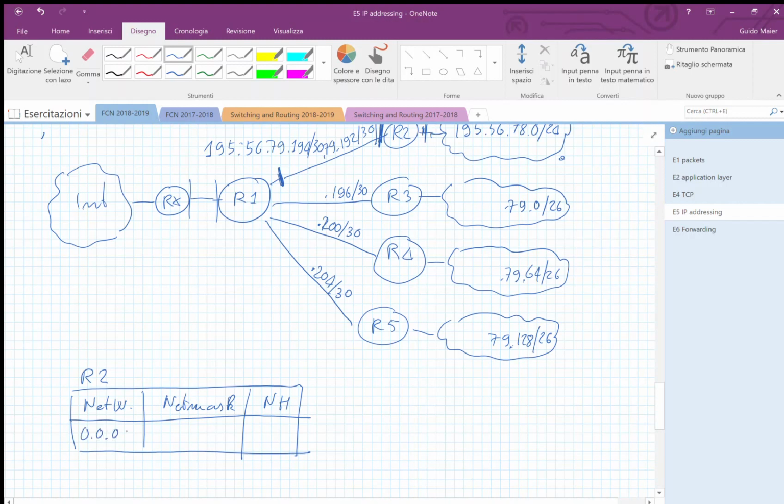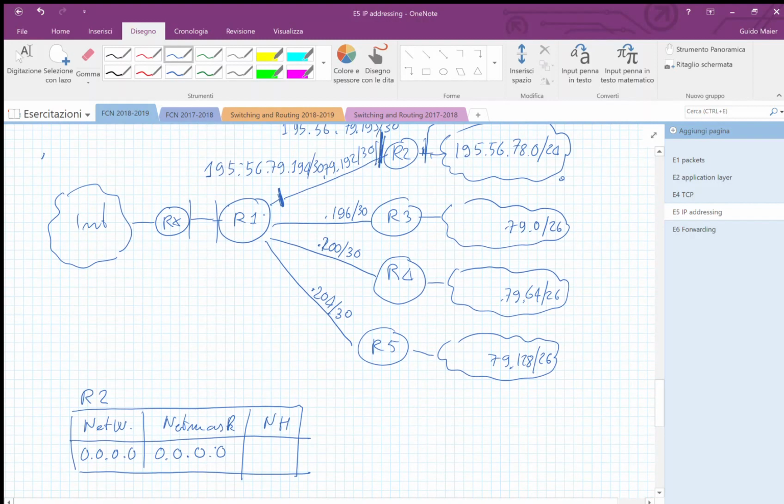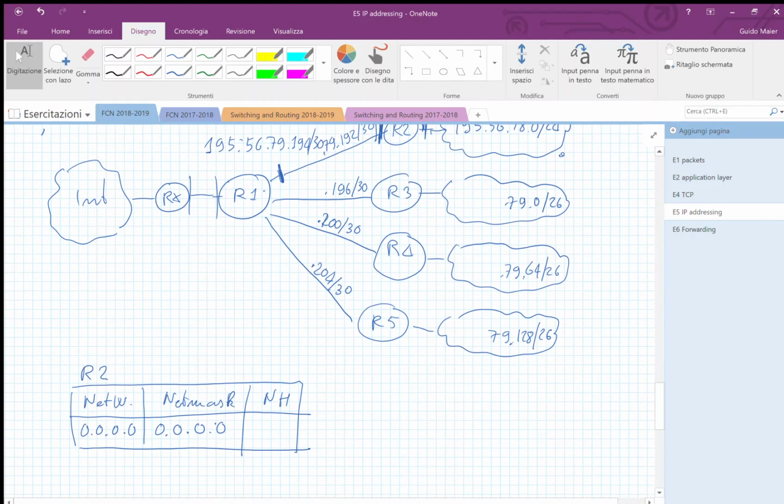The default entry is this one, if you remember. Next hop will be the interface of router 1, because it's the one that is connected here. So we have to write 195.56.79.194. Okay. Do we need to specify a net mask also in the next hop?